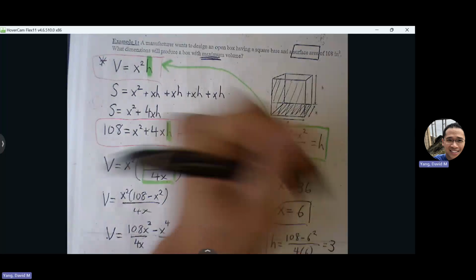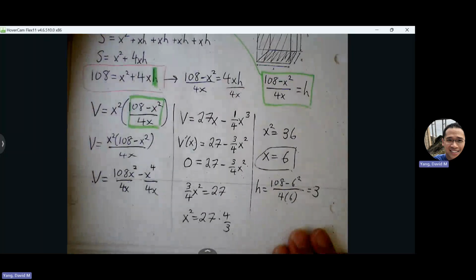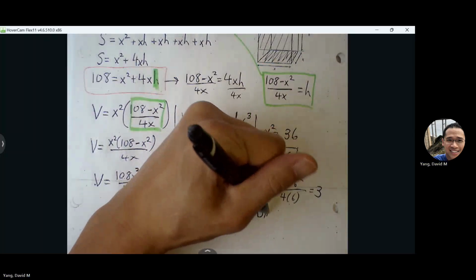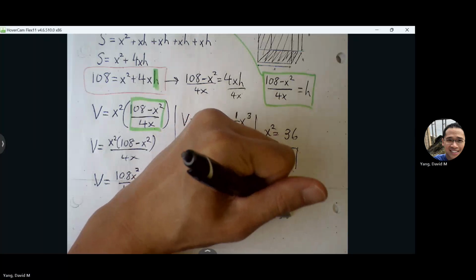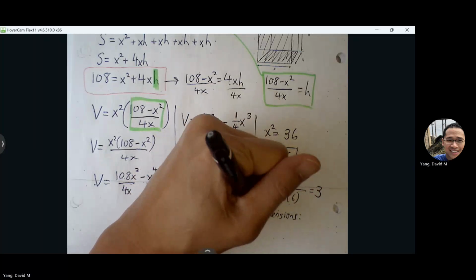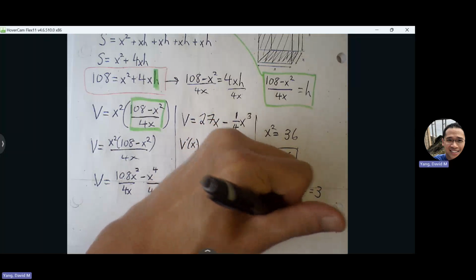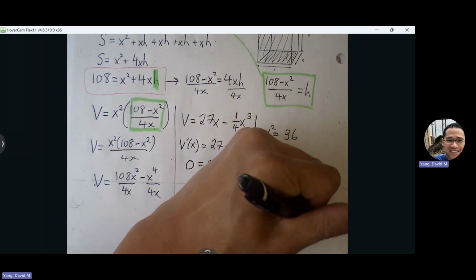I get a height of 3, and we have our dimensions, right? Our dimensions are x and h. So 6 inches by 6 inches by 3 inches.